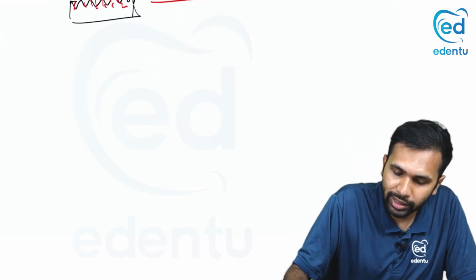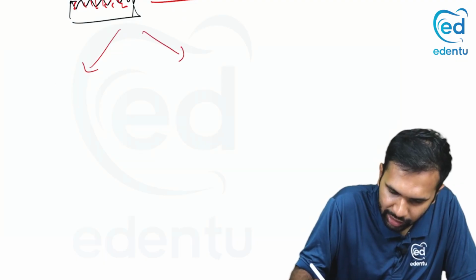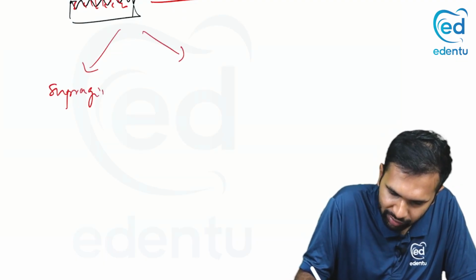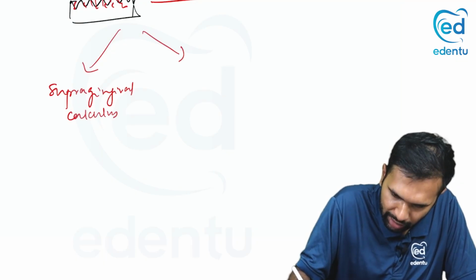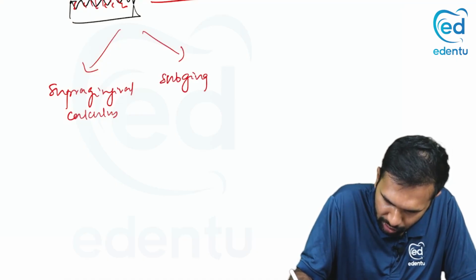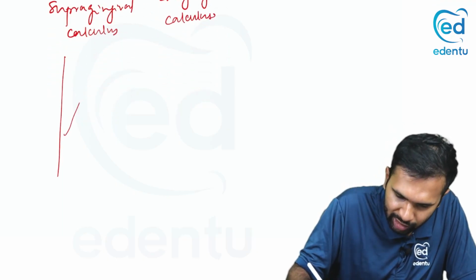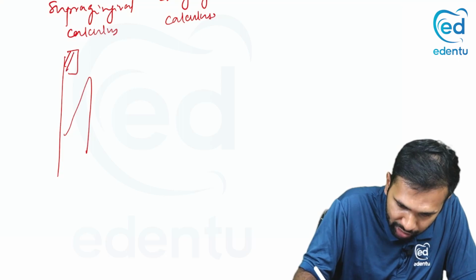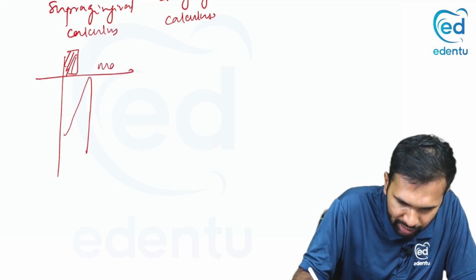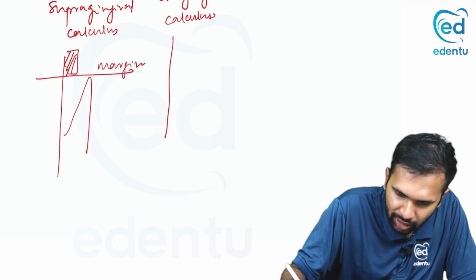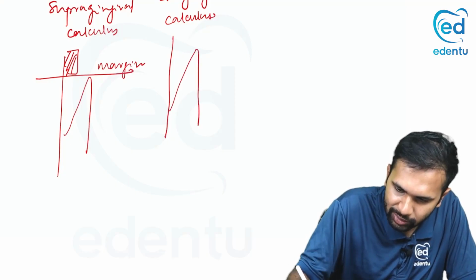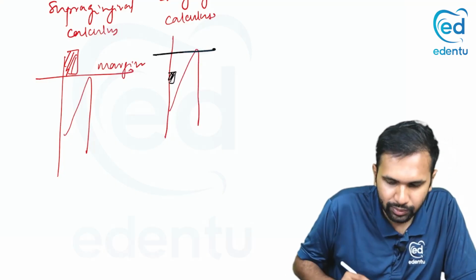Now, your calculus can be divided into supragingival calculus and subgingival calculus. Supragingival calculus means that which is present above the gingival margin, and subgingival means that which is present below the gingival margin. That is the difference.